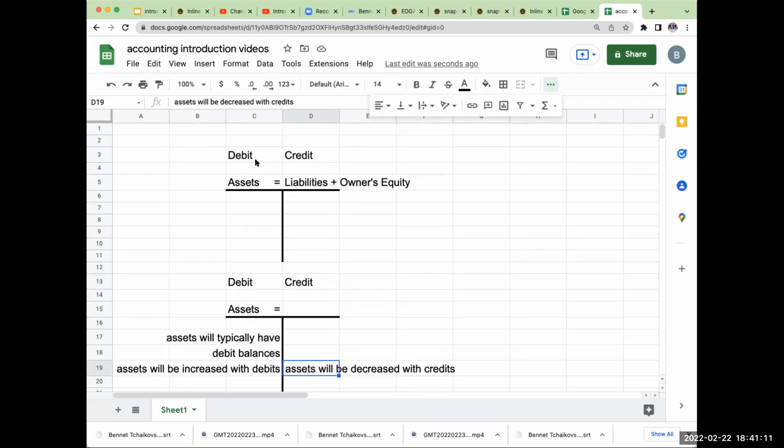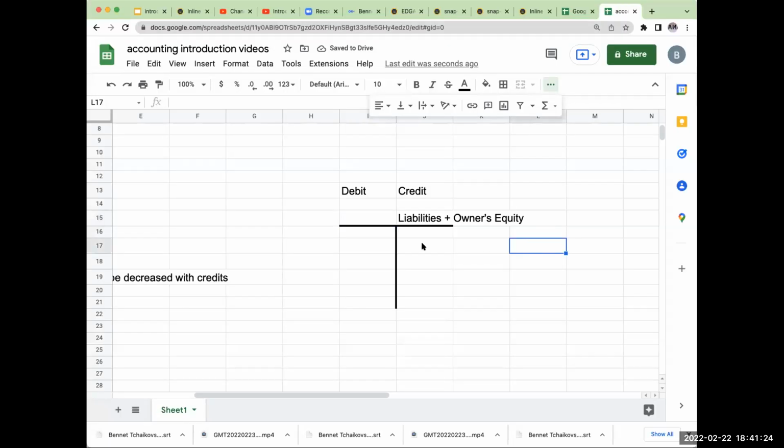Now, let's look at the other side of the equation. Over here, I have our liabilities plus our owner's equity. Liabilities and owner's equity are on the right-hand side of the equation, or under the credit side. Liabilities and owner's equity will typically have credit balances.